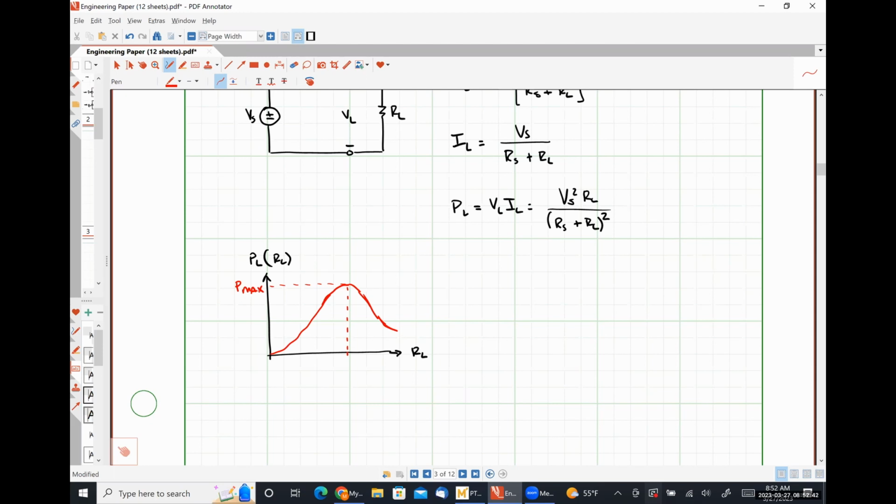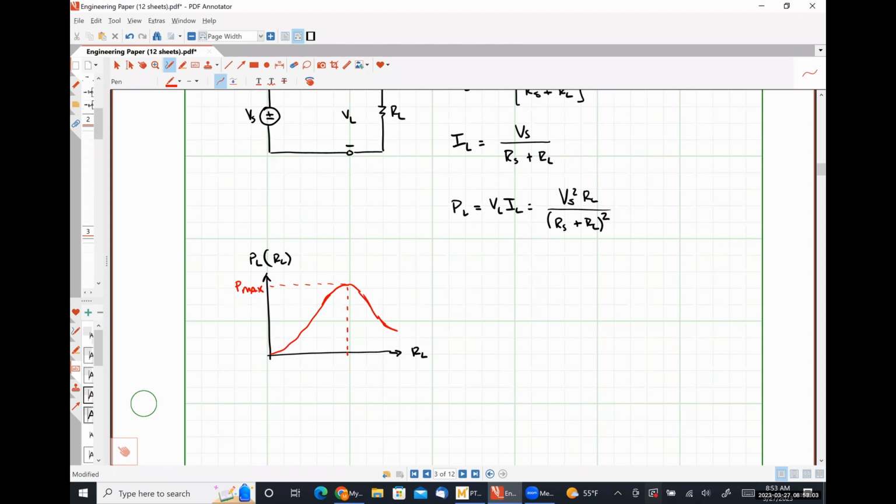So our goal here is to figure out what that is. So how do we find the maximum value of a function? Take the derivative and set it equal to 0, right?